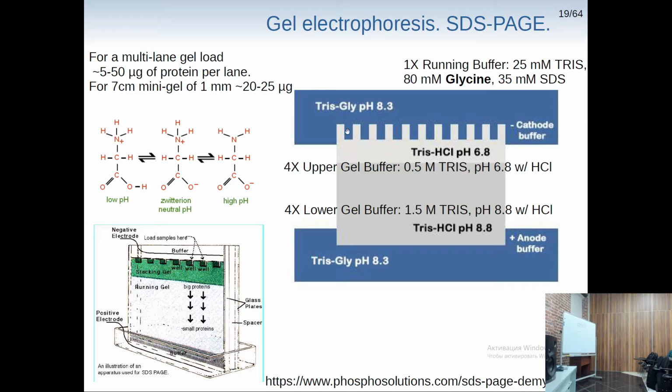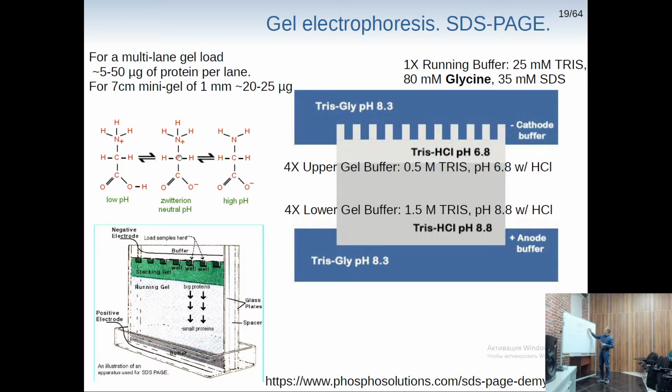As you can see, we'll also be using two different gels, the so-called stacking gel and resolving gel. The stacking gel has a different pH, almost neutral, 6.8, at which this glycine will be in zwitterionic form without any charge. And what will happen when we start our electrophoresis is the following. Let's say that we have a lot of glycine here.